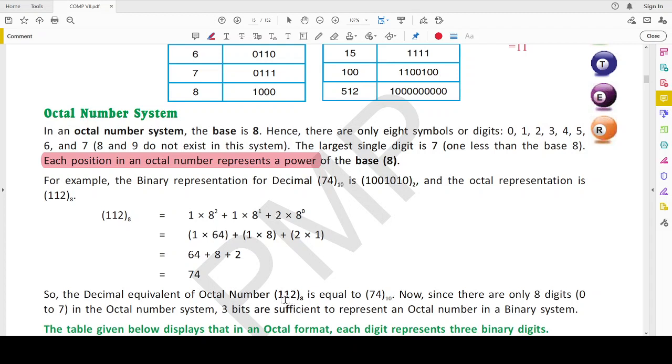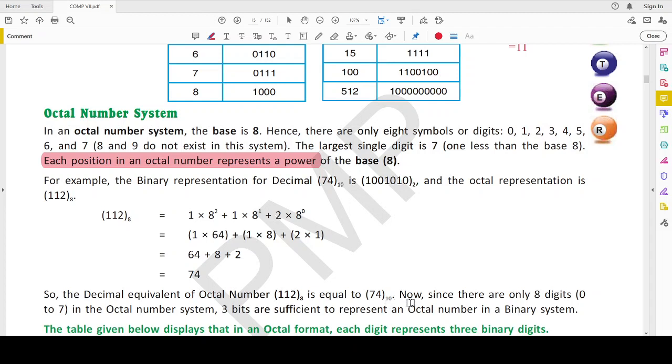The position is 8 to the power 2, which is 64, 64 into 1. This is not 100; this is something less than 100. The decimal equivalent of octal number 112 is equal to 74. I am saying this as seventy-four because this is in decimal, to the base 10.